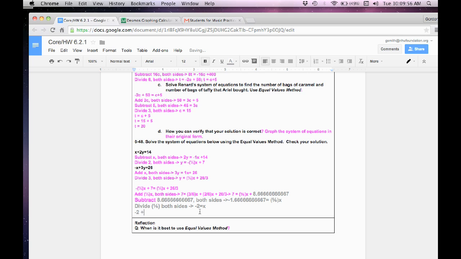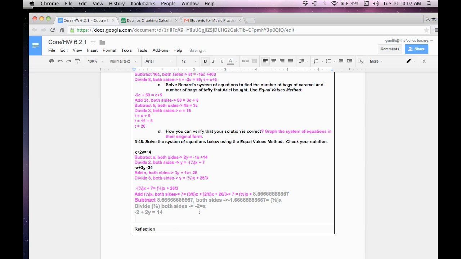Negative 2 plus 2y is equal to 14. We'll add 2 to both sides. And that will get us 2y is equal to 16.